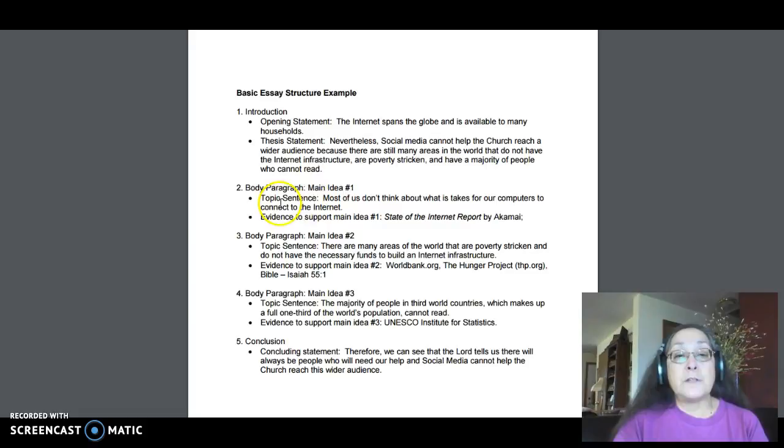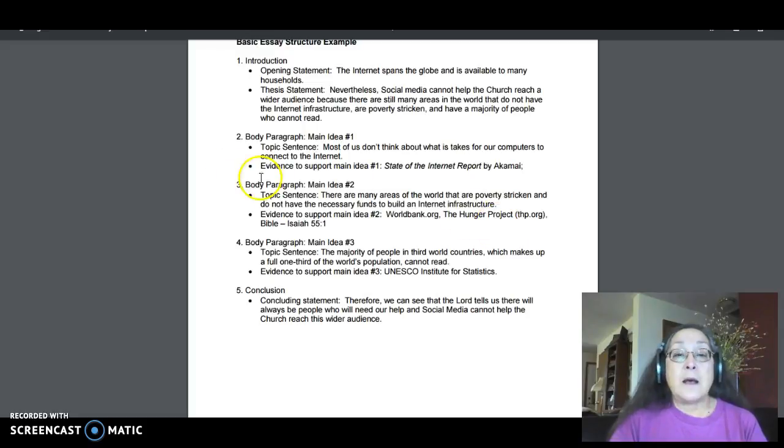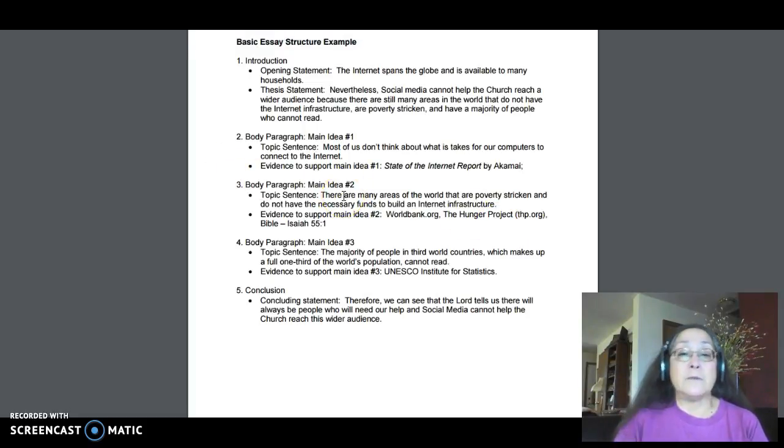So here's my first one. It covers the internet. And here's the evidence to support it. I have a report that I pulled off the internet that says that most of us don't think about what it takes to connect to the internet. And so this report helps me to realize that. The second idea that I had was that we still have poverty to deal with in the world.